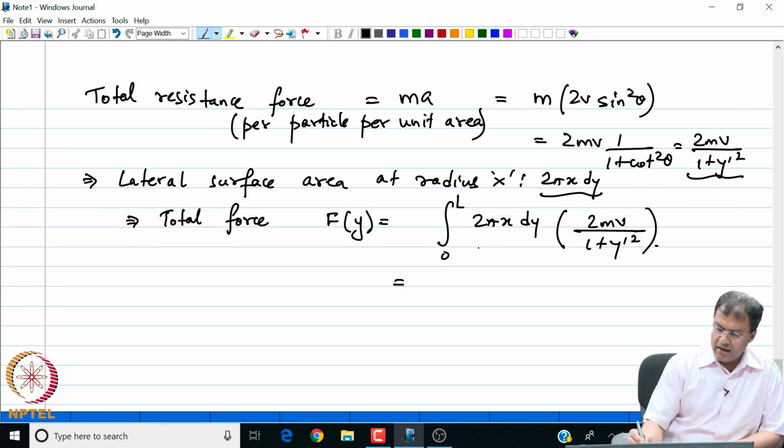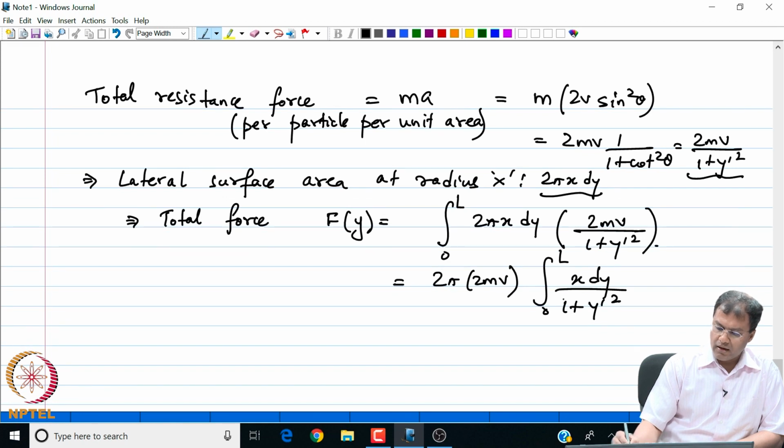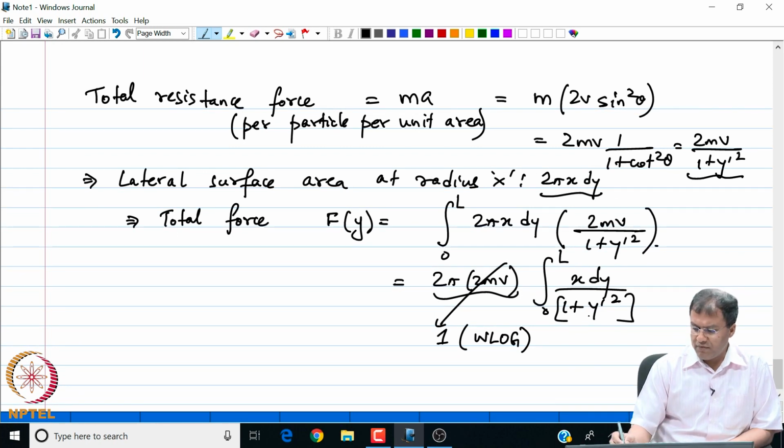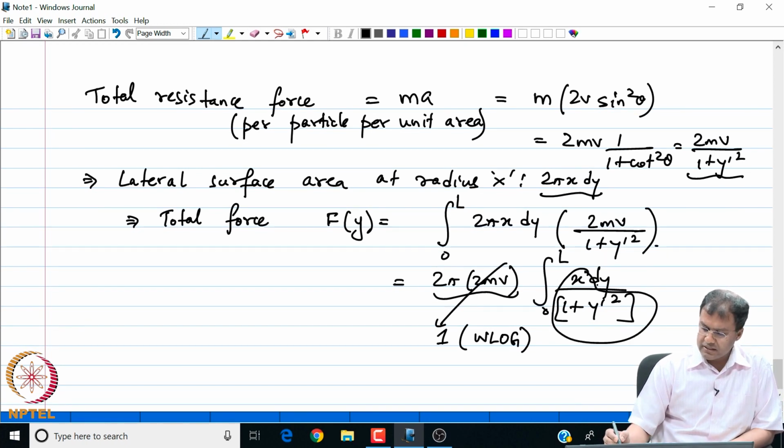Okay, so I can club everything together. I get 2 pi times 2 m V, these are all constants, times the integral from 0 to L of x dy divided by (1 plus y prime square). Now, let us take this constant to be just 1 without loss of generality, because these constants are not going to determine the optimal shape. So, we have to optimize this particular functional. Let me call this quantity here, which I have circled, my integrand f.